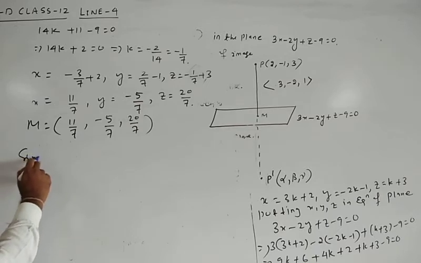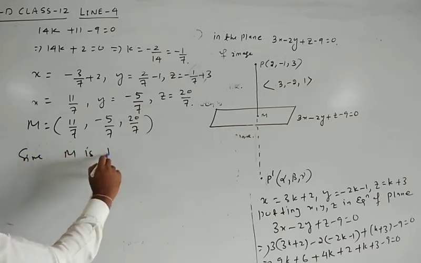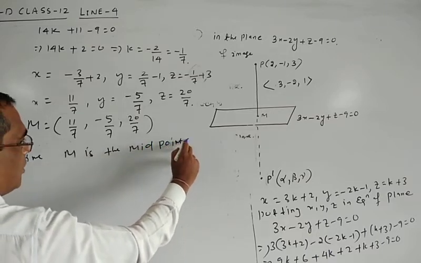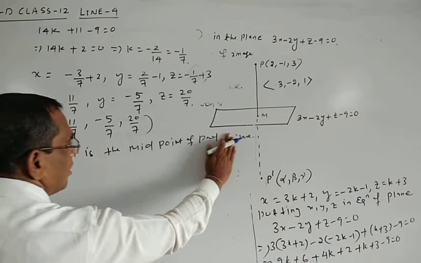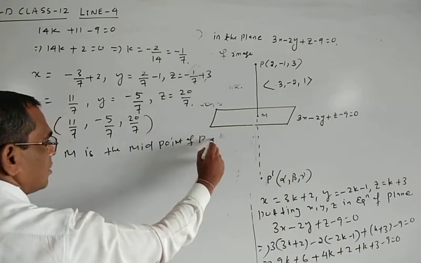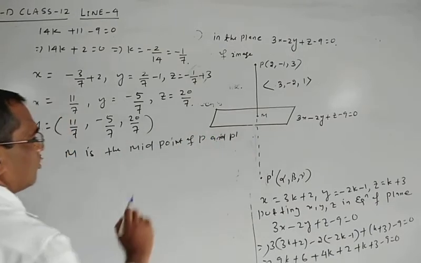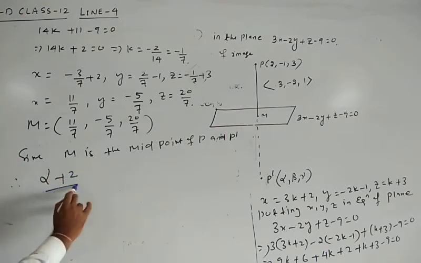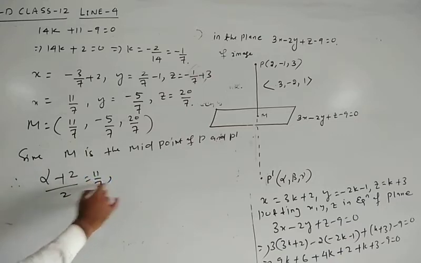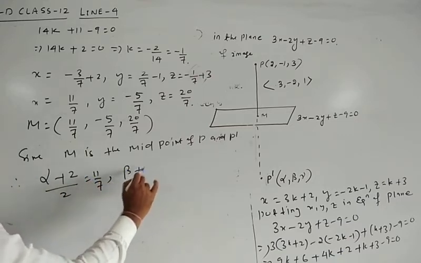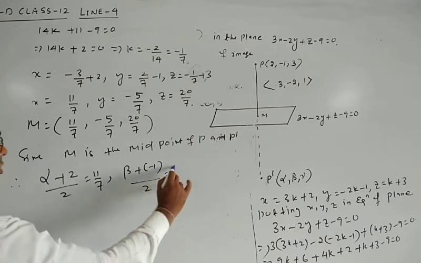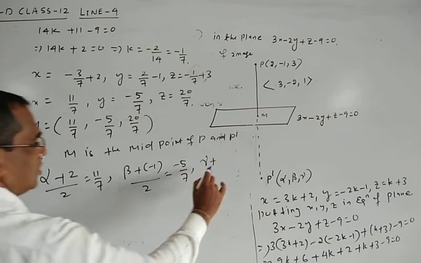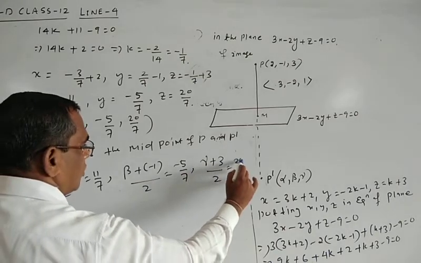Since M is the midpoint of P and P dash, therefore, by using the midpoint formula, (alpha plus 2) by 2 is equal to 11 by 7, (beta plus minus 1) by 2 is equal to minus 5 by 7, and (gamma plus 3) by 2 is equal to 20 by 7.